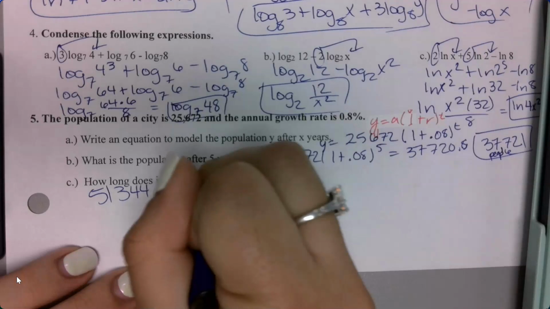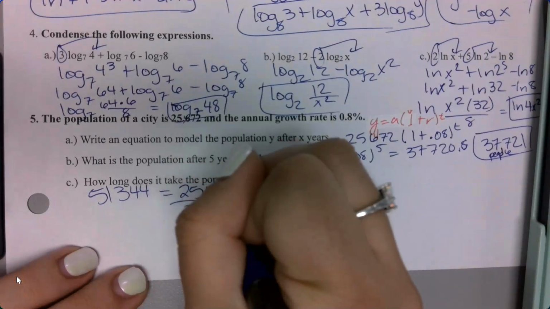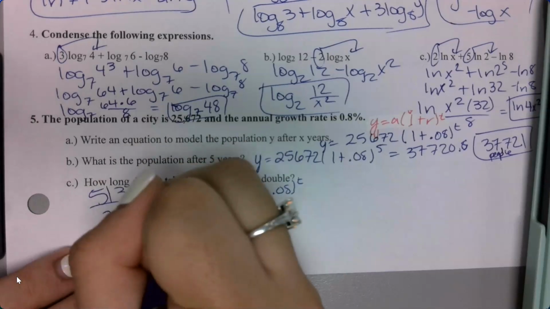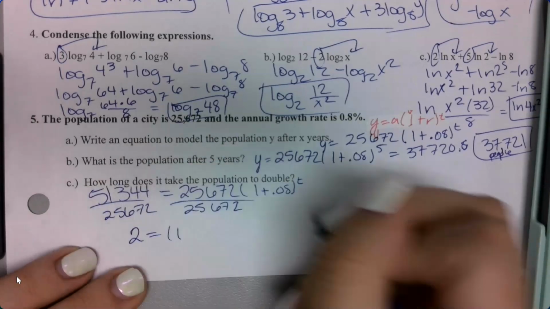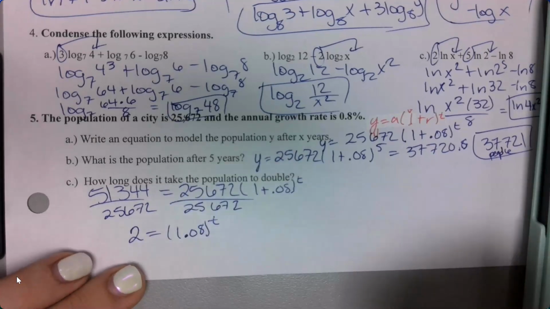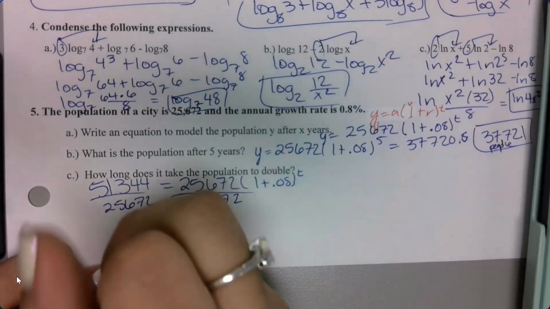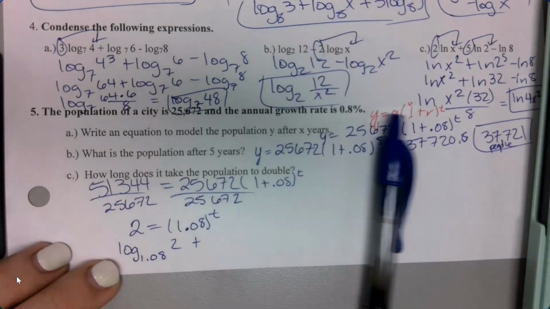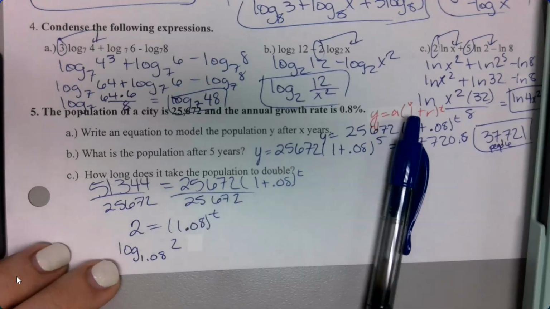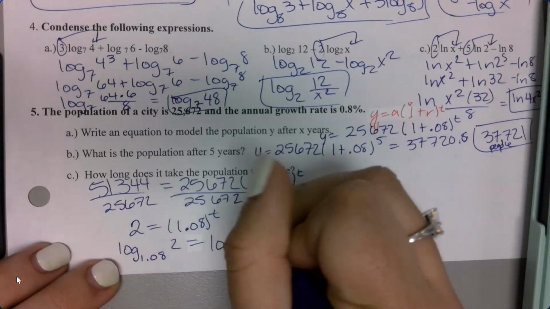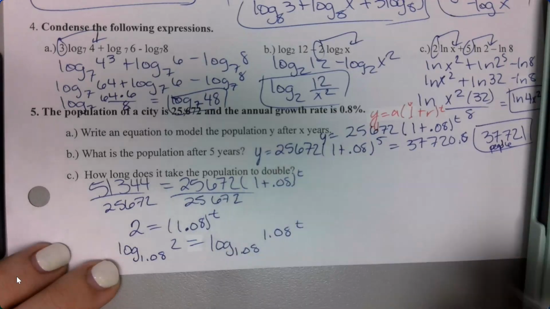So first thing I want to do is divide both sides by 25,672. This gets me 2 equals, I'm going to simplify the stuff inside parentheses, so that's 1.08 to the t. To solve this, I am going to use logarithms, so it's going to be log base 1.08 of 2, equals log base 1.08 of 1.08 to the t.